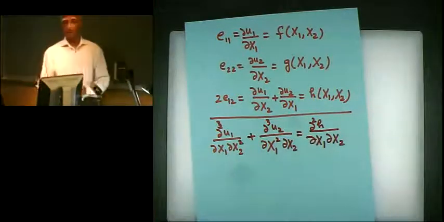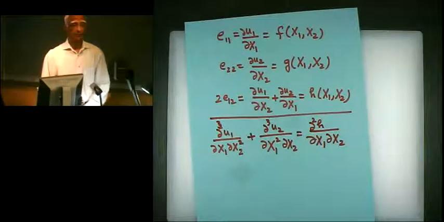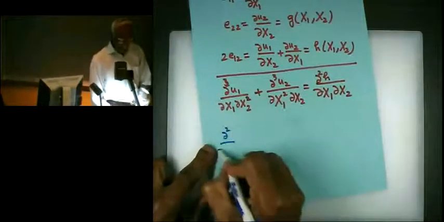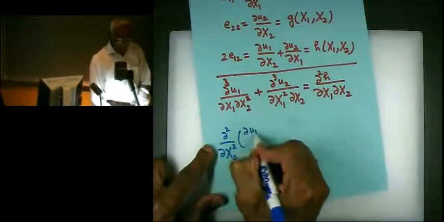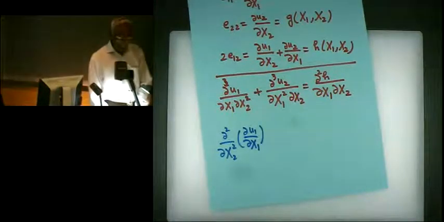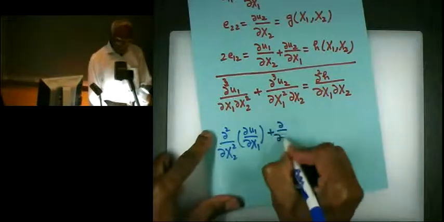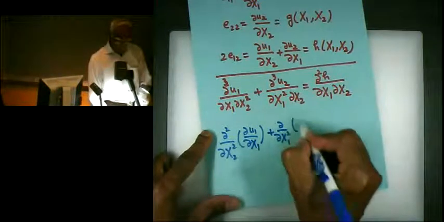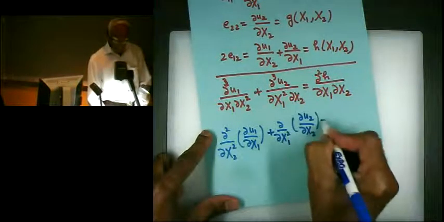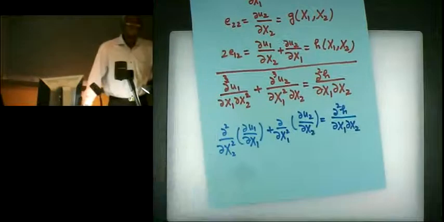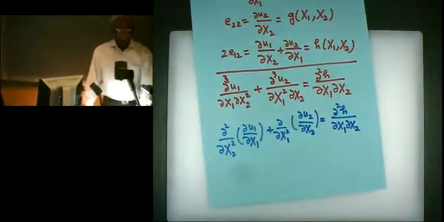Differentiate both sides with respect to x1 and x2. The partial derivatives commute, so we can write this equation as this one.